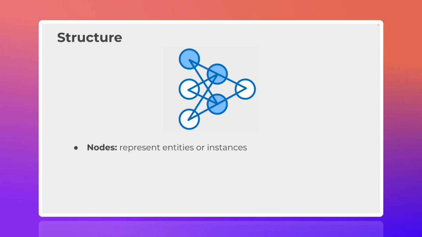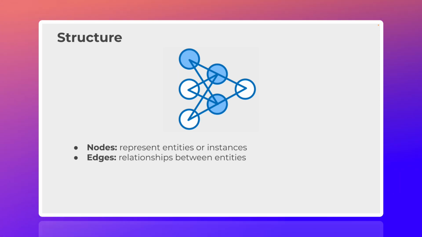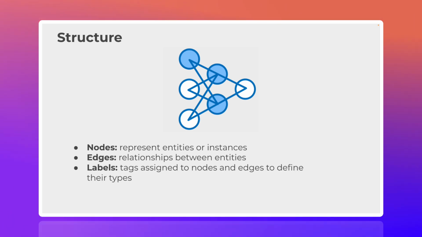So looking at this structure here, let's look at nodes. Naming is very important, of course, but most of these terminologies are actually the same. It's just that sometimes they may have different names. We talked about nodes, which are the same thing as an entity or an object. A node represents entities or instances. Then we have edges. These, as you know, are relationships between those entities. We also have what we call labels.